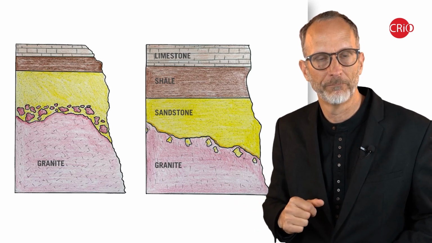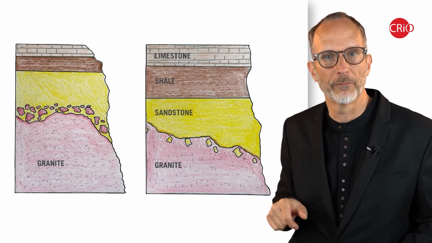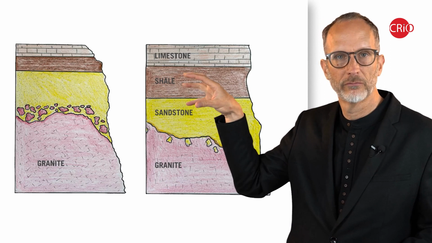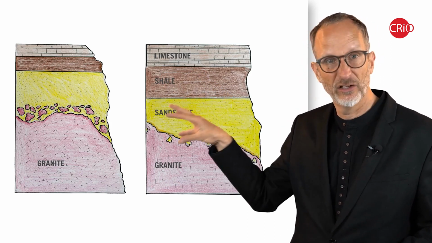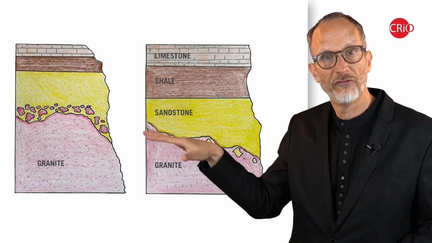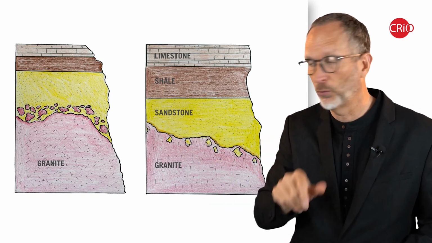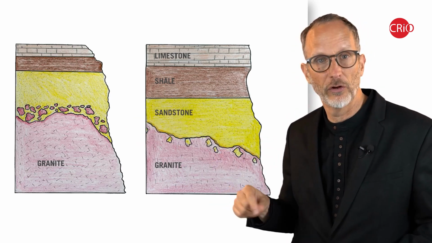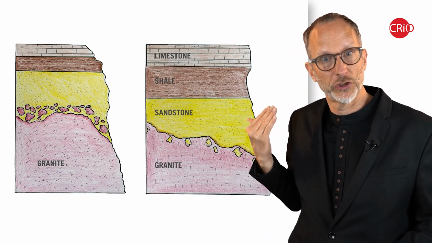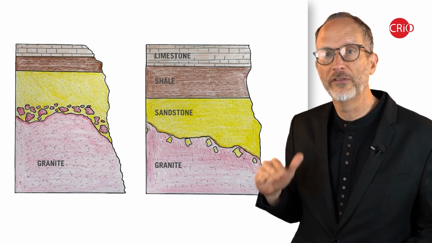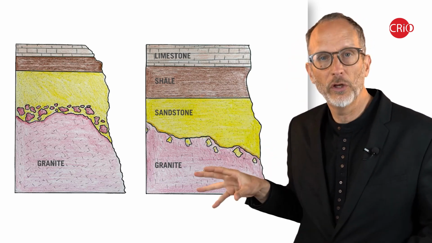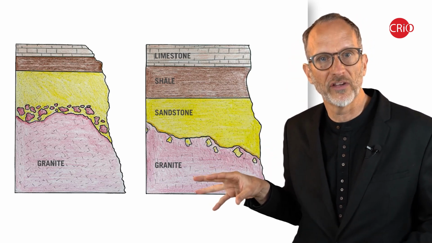So that tells us about water depths. Coral reefs, relatively shallow, close to shore. Shale, mudstone, farther out into deeper water, and sandstone very close to shore where there's abundant sand. So looking at this, we also get an idea of water depth.